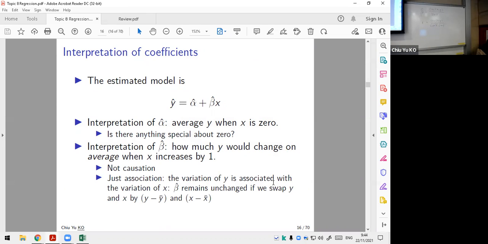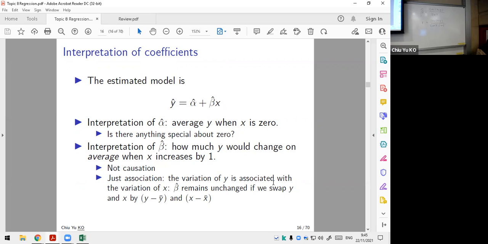How do you interpret this? Beta is the slope coefficient, and it means if x increases by 1, y is expected to increase by beta. If x increases by 2, y is expected to increase by 2 beta, and so forth.